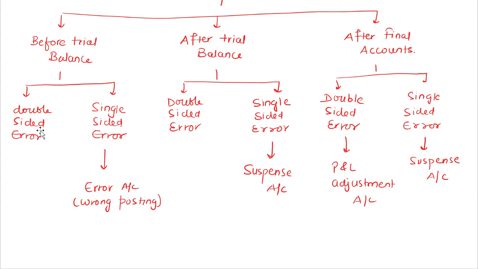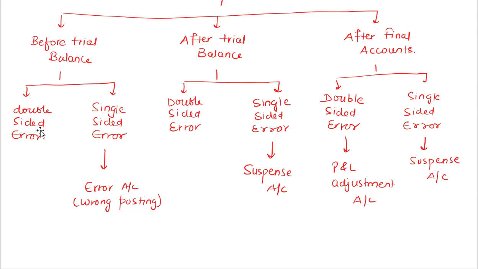In single-sided error, we need to open error account, that is wrong posting. After finalization of trial balance, suspense account can deal with both double-sided and single-sided errors. After finalization of accounts, if there is a single-sided error, we would open suspense account and correct that. But if we have a double-sided error after finalization of final accounts, we need to adjust the profits using profit and loss adjustment account.